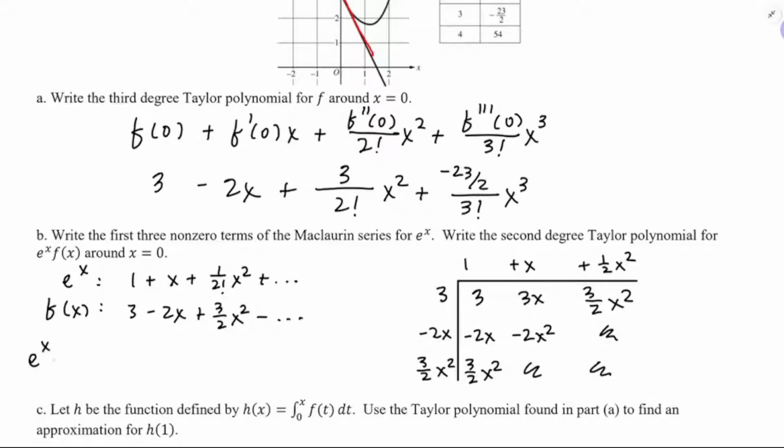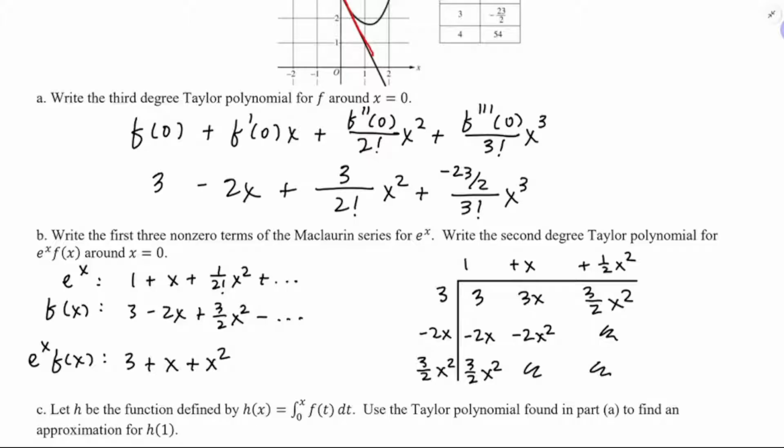So e to the x, f of x, okay, for constant, I'll have 3. X is negative 2 plus 3 would be positive 1x. X squareds, I'd have 3 halves plus 3 halves would make 3 total x squareds, minus 2 would be 1, so 3 plus x plus x squared.